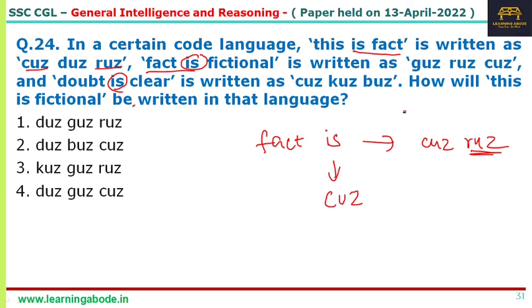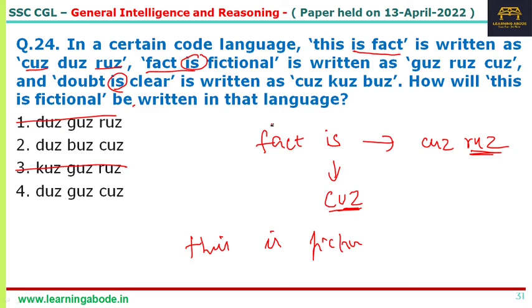Anyhow, now what we have to do is find "fictional". Now "is" we know is cus, which means option 1 and option 3 are out. So "is" definitely has to be cus. Now where is "fictional"?